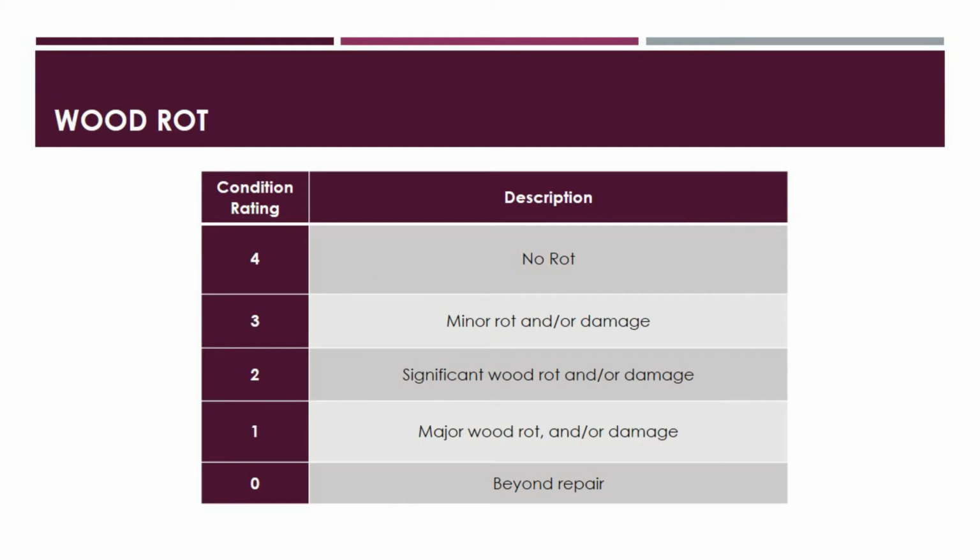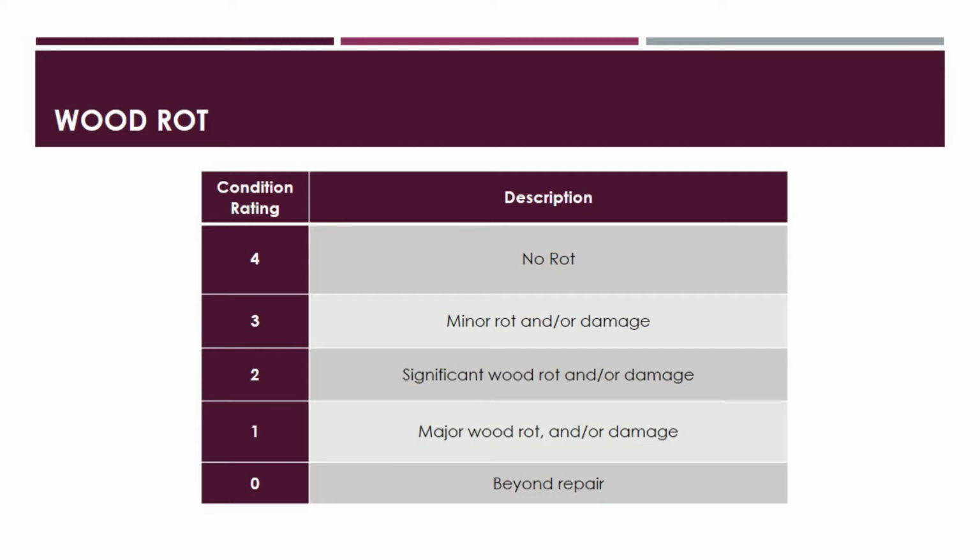The next category is wood rot. With a rating of 4, it means that there is no wood rot or other damage to the pole and the pole is in like new condition. For a rating of 3, there will be minor wood rot and/or minor damage to the pole, but it does not really require corrective action as it is only very minimal deterioration.